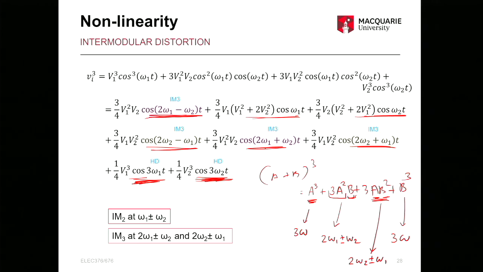So in this case we have omega 1 plus or minus omega 2 as intermodulation in the second order, and in the third order we have 2 omega 1 plus or minus omega 2 as well as 2 omega 2 plus or minus omega 1.